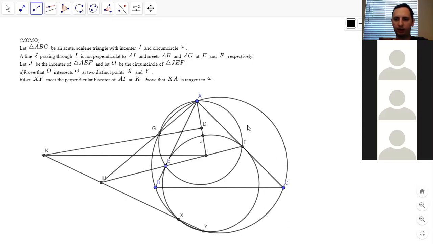Such that angle EXF equals angle EYF is 90 minus A over 2.